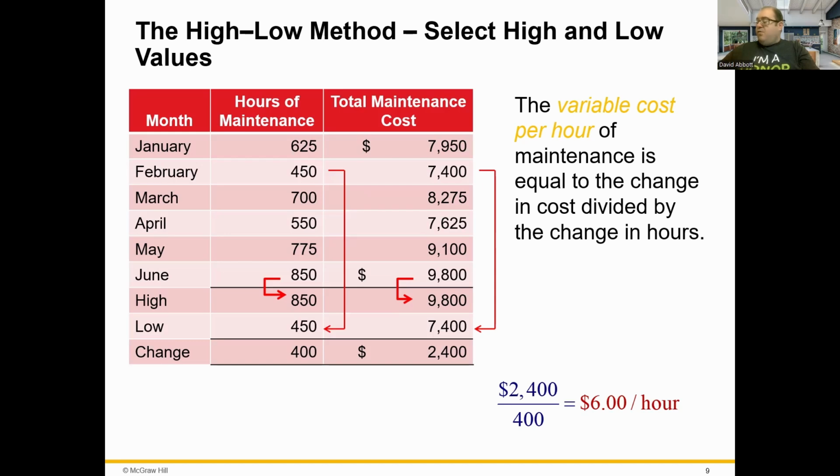And so then the second step is to determine the total cost associated with the 2 points. And so high would be 9,800 and low would be 7,400.